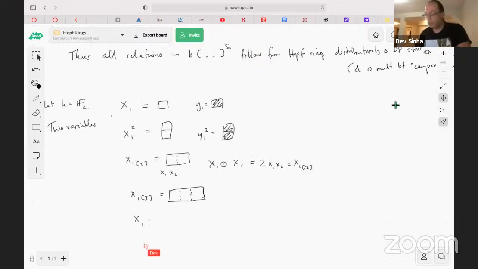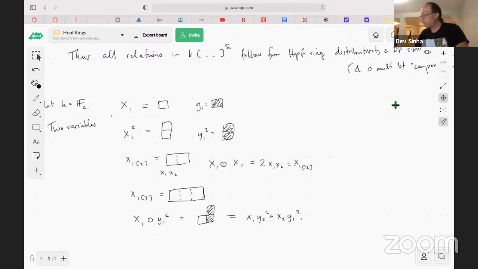But then, for example, x1 induction product y1 squared looks like this. And that's this symmetrization of x1 y2 squared plus x2 y1 squared. Okay, and so you have a dictionary between these symmetric monomials and symmetric polynomials and these diagrams.